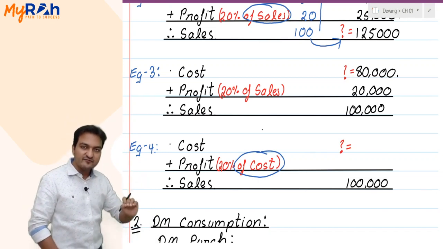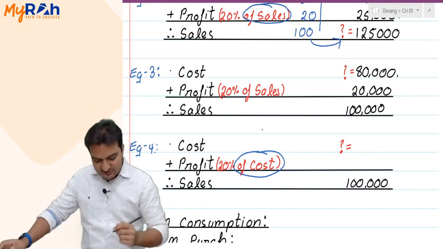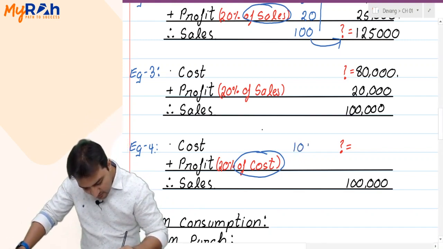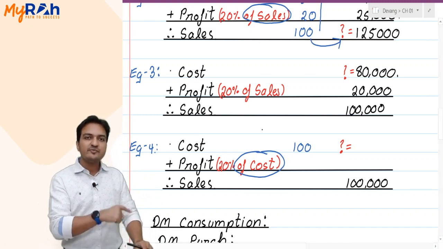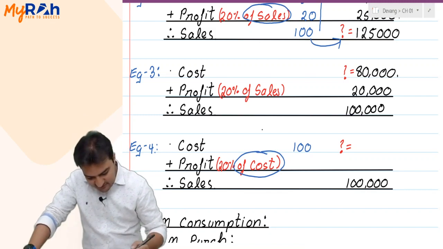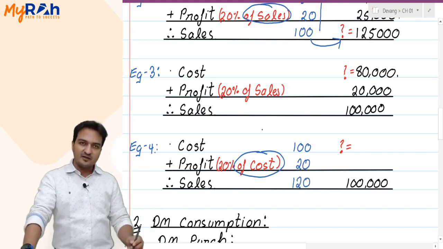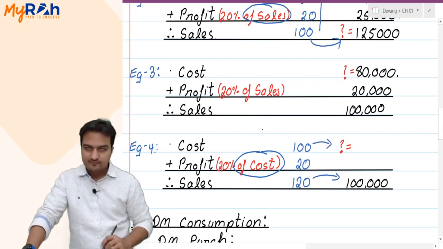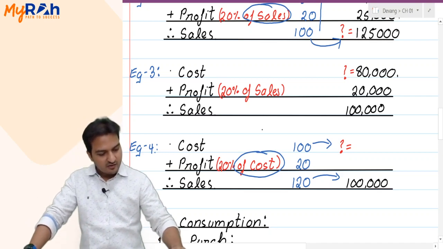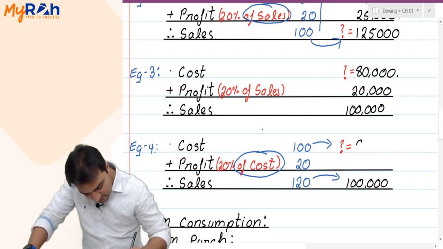If profit is given based on cost and the cost is missing, then assume that missing as 100. Now if you assume cost as 100, profit 20% of cost, so 20, sales should be 120, and then cross multiply. If 120 is 1 lakh, then 100 should be what? That should give you 83,333.